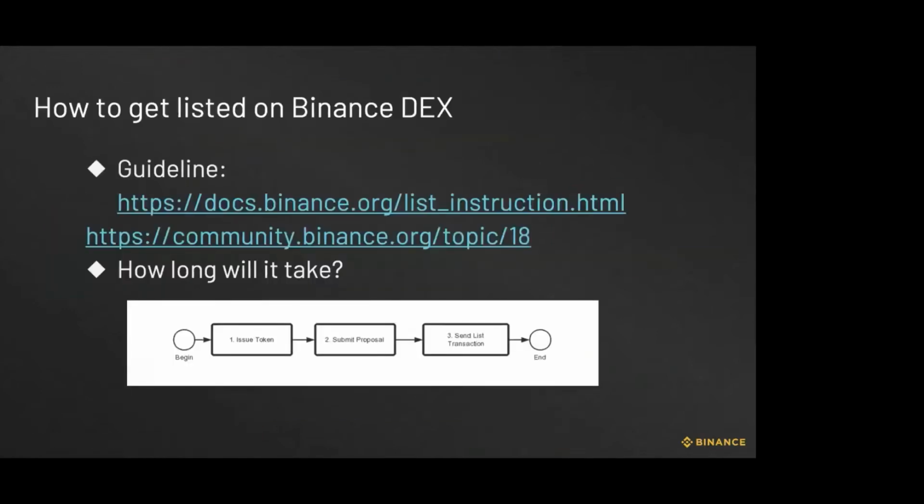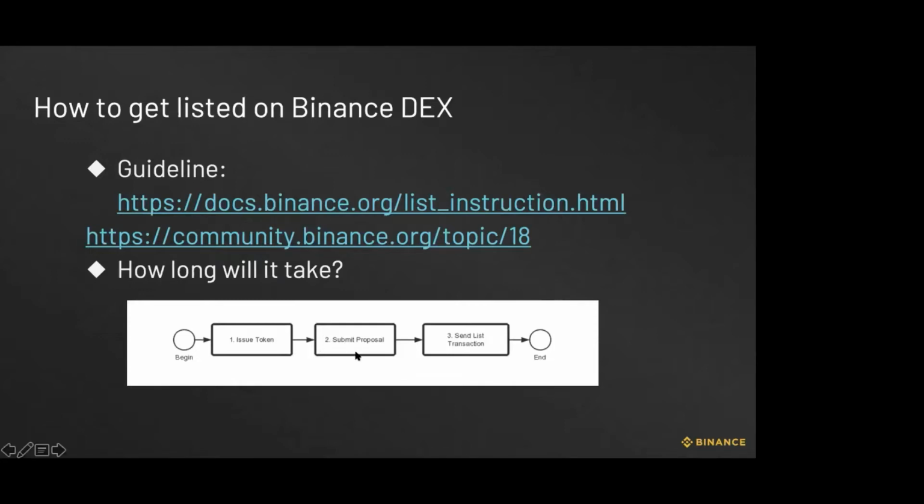Let me talk more about the whole procedure of getting listed on Binance DEX. Basically, there are 3 steps. First, you need to issue a BEP2 token on Binance Chain, and then you submit a proposal.